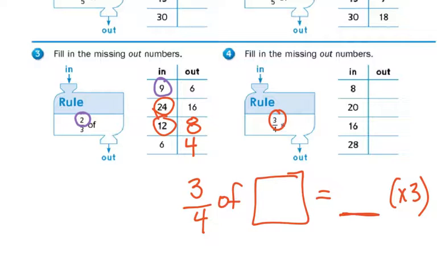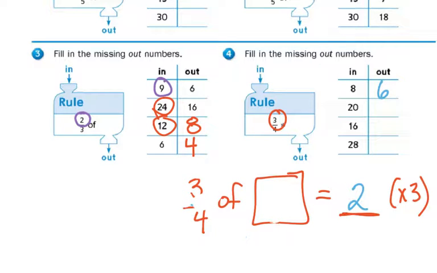So I'm going to put 8 here. Okay, so 4 times what gives me 8? 2, and then we have 3 groups of 2, so 2 times 3 is 6.